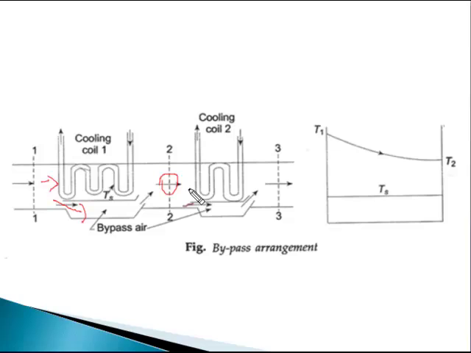And again some air passes through the bypass and some passes through the coil and then they mix. Finally the temperature decreases from T1 to T2. Again in coil 2, T2 to T3 decreases. In this we can see the bypass arrangement if more than one coil is used.